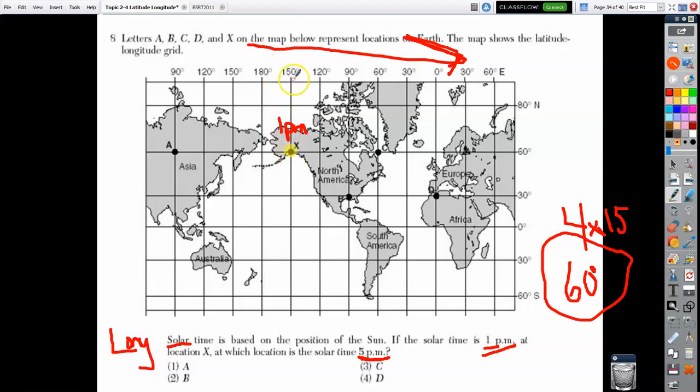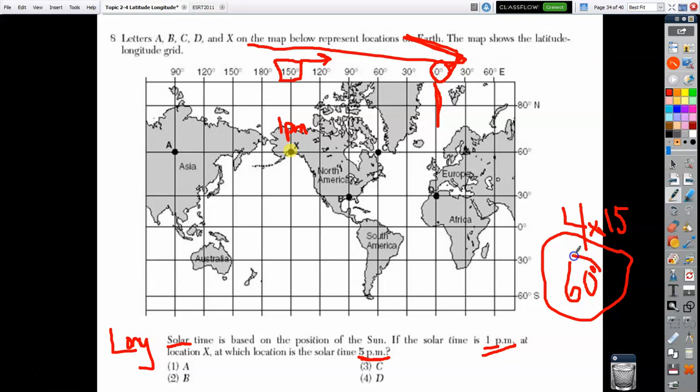This is where it gets a little tricky. I look at X, I go straight up. Notice the longitude for X is 150. And I also notice that when I head east, I'm heading toward the prime meridian. My numbers are actually decreasing because I'm heading back to England, heading towards 0. So I don't want to add 60 to 150.